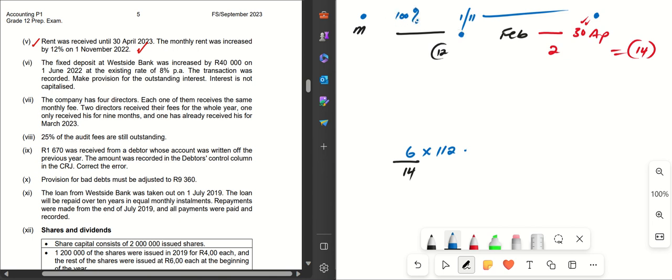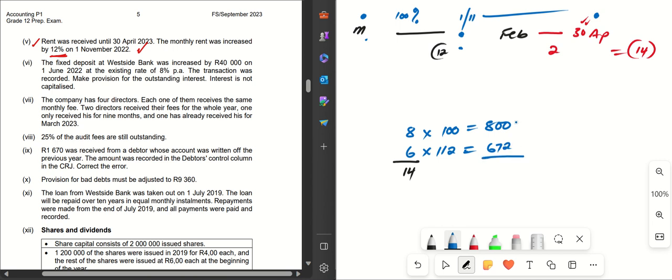If you count from March until the end of October, you're going to get 8 months. For these 8 months, it was 100%. That is going to give you 800. And for the 6 months, it is now increased by 12%, so it becomes 112. If you say 6 by 112, that gives you 672.